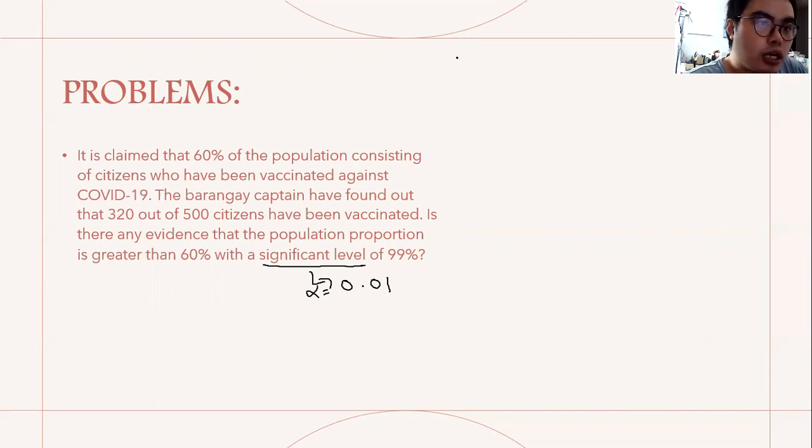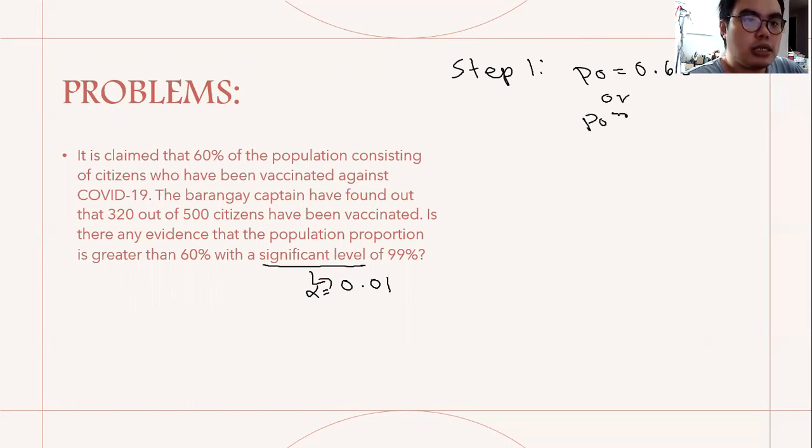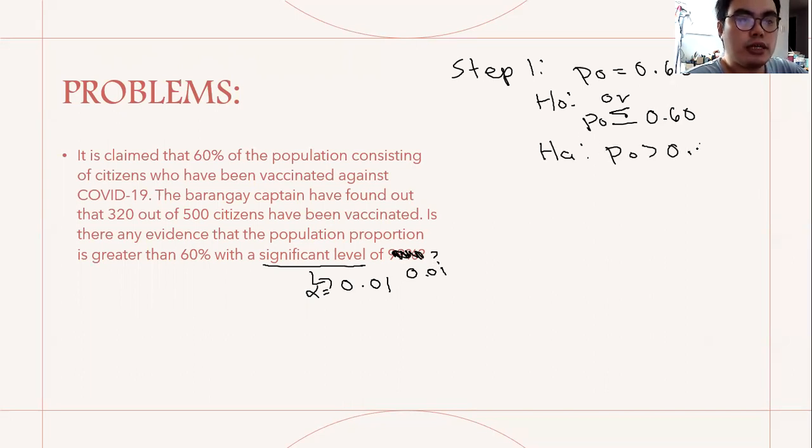So our step 1: p sub 0 is equal to 0.60, or p sub 0 is less than or equal to 0.60. This is according to the null hypothesis. For the alternative hypothesis, we can tell that p sub 0 is greater than 0.60.